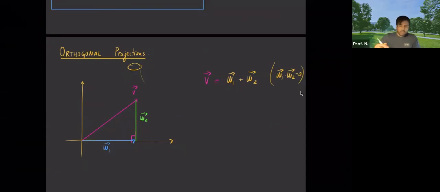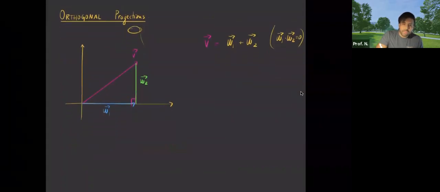Okay. And now I'm going to do one more thing. Let's suppose I have a vector that's a scalar multiple of W1. In other words, there is some vector A that, if I multiply by a scalar, which I'm going to call C, I get W1.